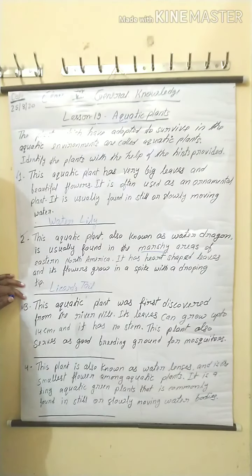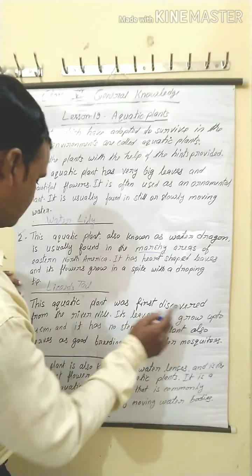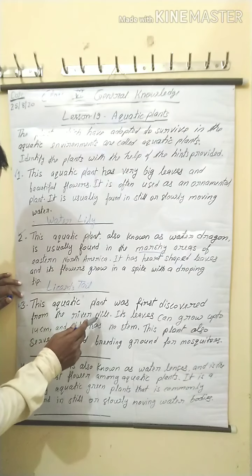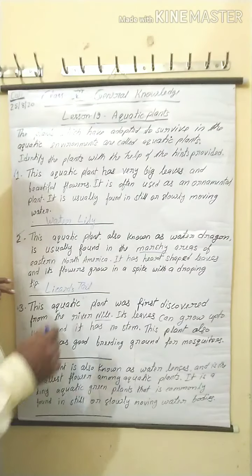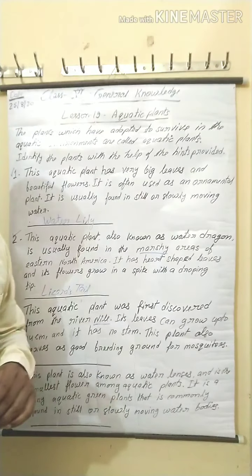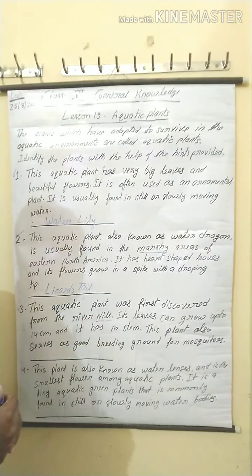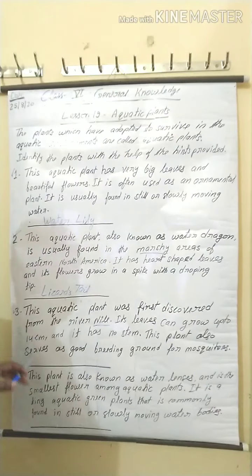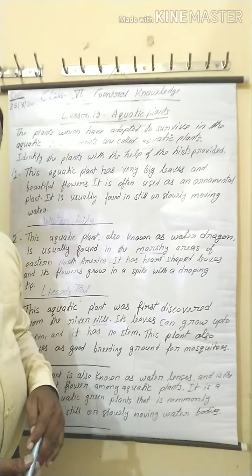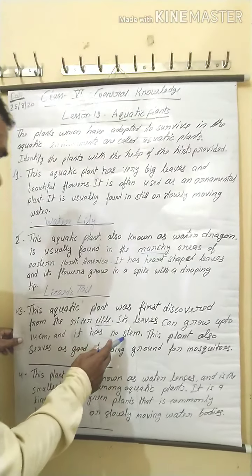Now third number: this aquatic plant was first discovered from the river Nile. You know that the river Nile flows in the African continent, and most of the countries are covered by the river Nile. Its leaves can grow up to 14 centimeters, and it has no stem.